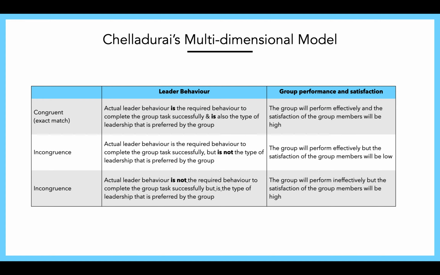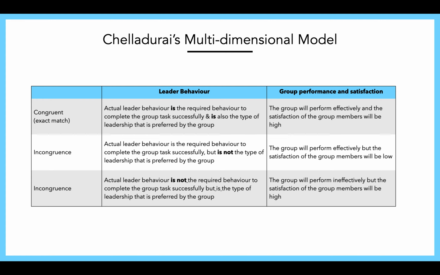Now let's look at an example of incongruence, like only a degree. So the actual leader behaviour is the required behaviour to complete the task successfully, but it is not the type of leadership that is preferred by the group. So in that instance, the group will perform effectively because they know clearly what they have to do.